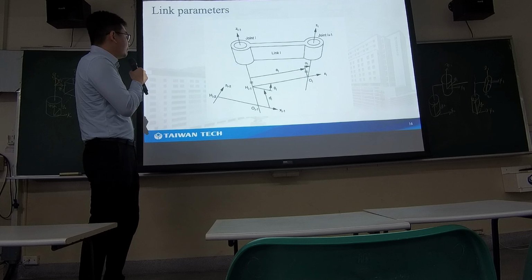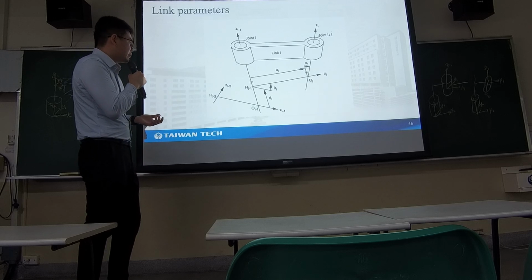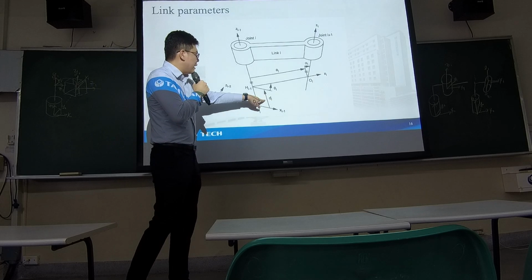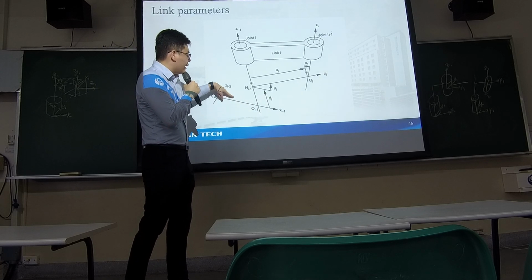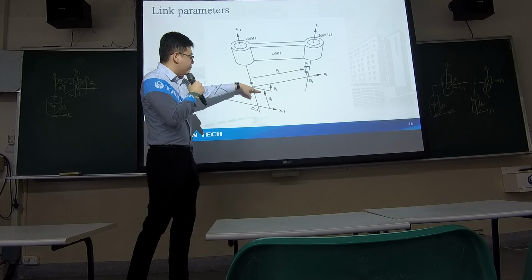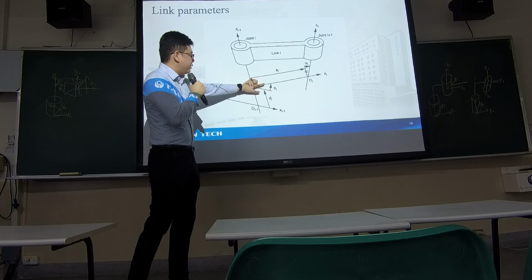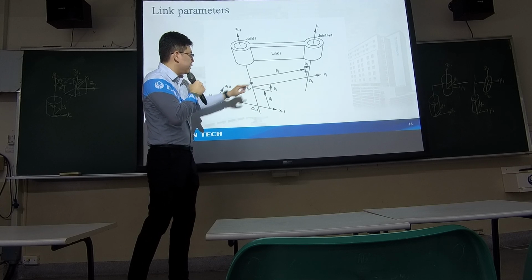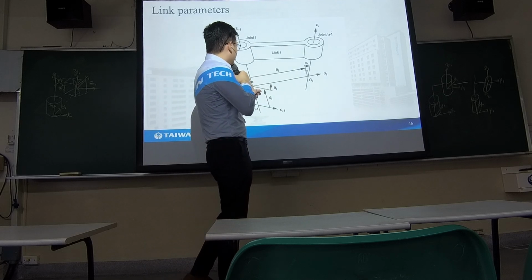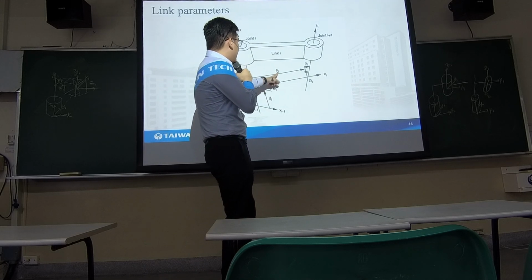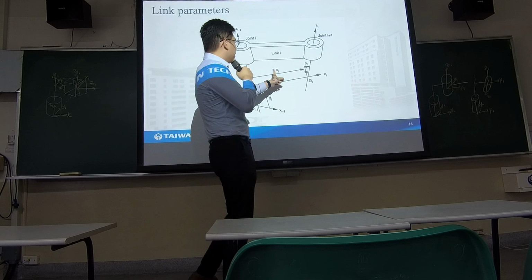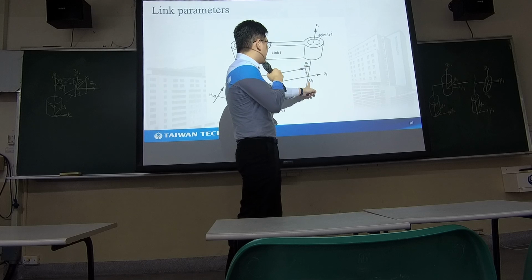We have basically 4 parameters for the DH parameters method. We have di, which is the offset along z i minus 1, and theta, the angle from x i minus 1 to x i. And we have ai, the joint axis offset to the second one.